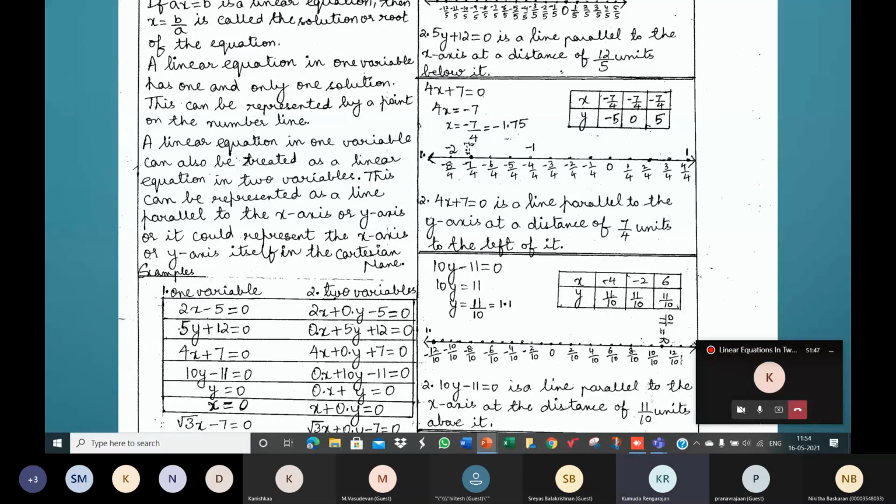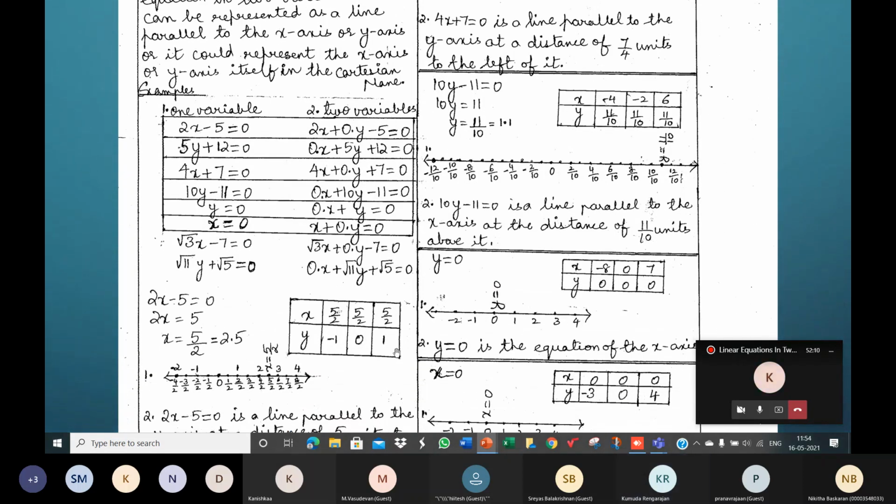Whatever answer you get algebraically can be represented geometrically. So what is the geometric representation of a linear equation in one variable x?